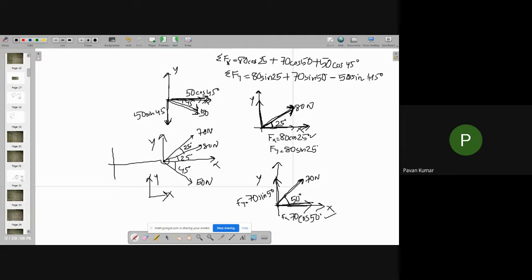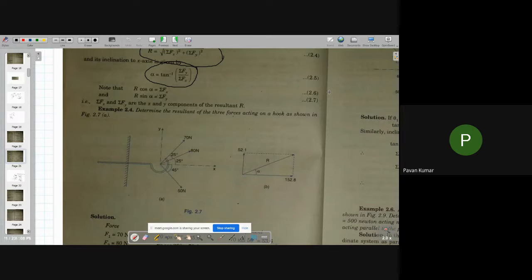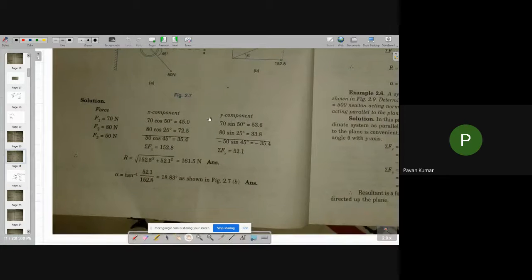So this will be your fx and fy. You should do it, then you will get these values as fx equal to 158.8 and fy equal to 52.1. You also check, because in the textbook also there will be mistakes.